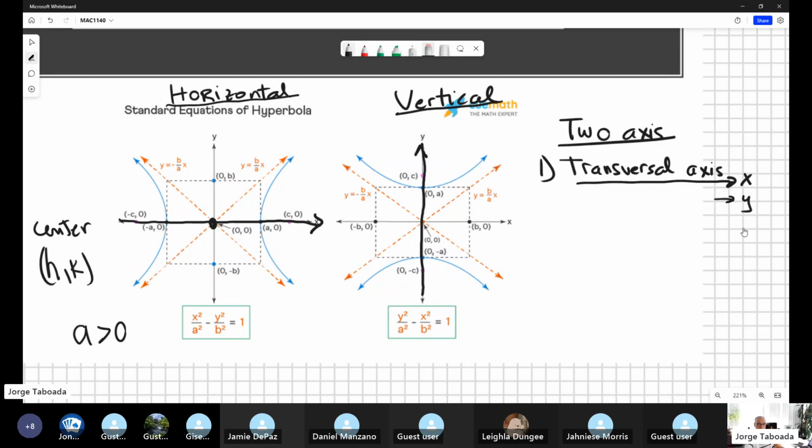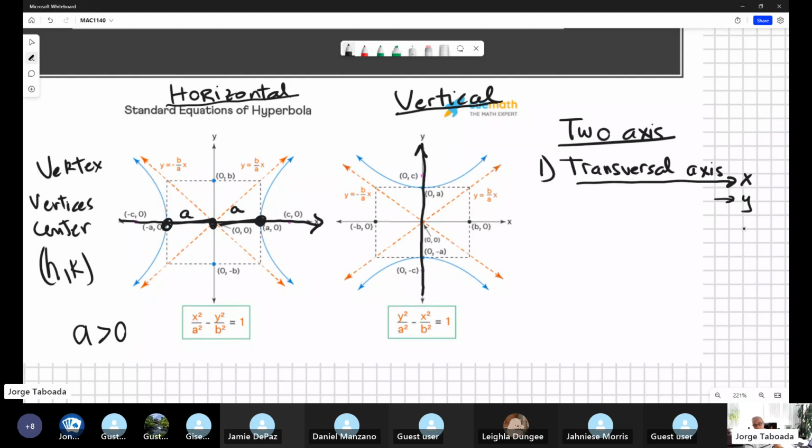Vertex, in plural, vertices. In this case, you have two. It's this point and this point, and this distance is A. And this distance is also A, in the opposite direction.